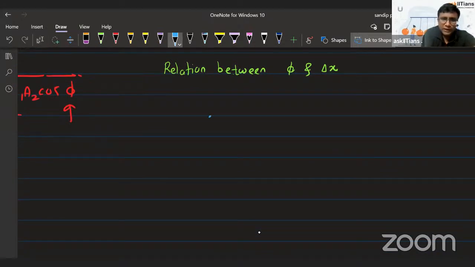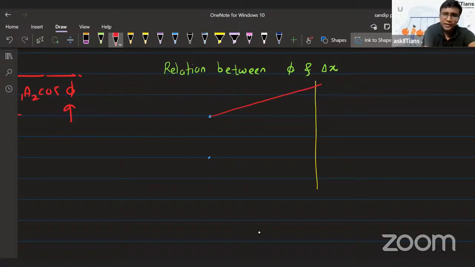These are the two sources. This is like a screen which we use in Young's double slit experiment also. From this, if it reaches here, the second light reaches from the second source. Let's say this is S1P, this is S2P. So the path difference between those two we can call delta x.